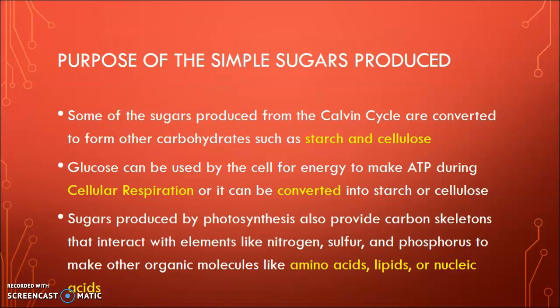But we could also use it to make other macromolecules or organic molecules like amino acids, lipids, or nucleic acids by adding it to elements like nitrogen, sulfur, and phosphorus that are freely floating throughout the body in trace amounts. So we can convert it into other molecules as needed.